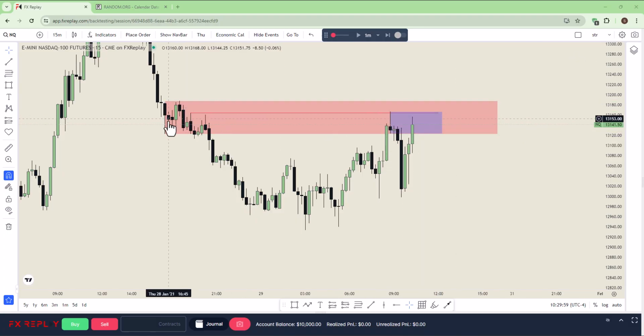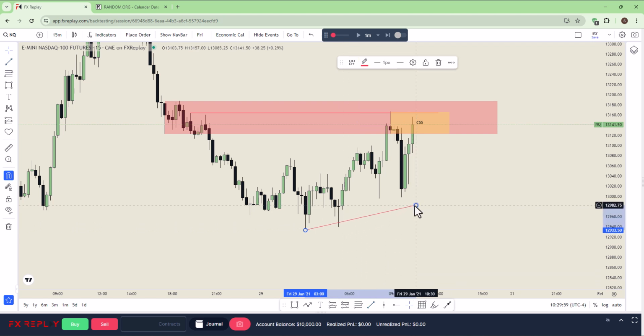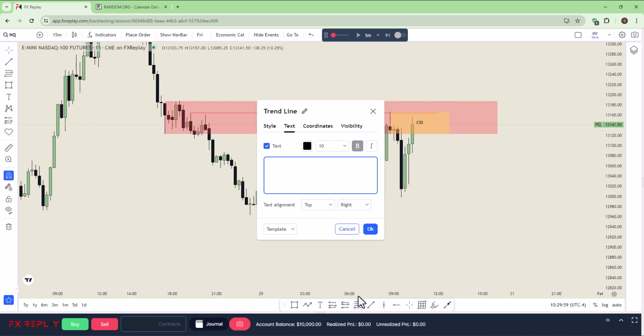We have the swing point. We swept a high inside that swing point, closed back inside the range. We have the CSS confirmation here, as you can see, and we return back inside this range. But this is the 15-minute. We're not going to use that to take our entry. And we still have some liquidity right here on the downside.